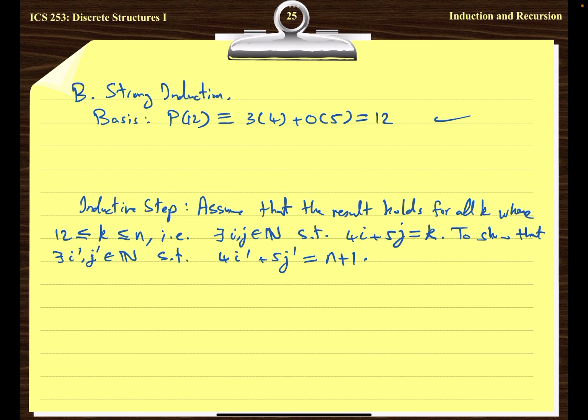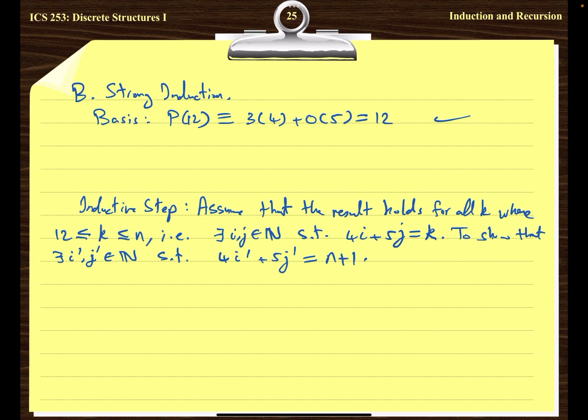Yes. Okay. Then we can add 1 to 4i plus 5j. So 4i plus 5j, you want equal n, and then you want to go to n plus 1. Well, this we went back to mathematical induction.